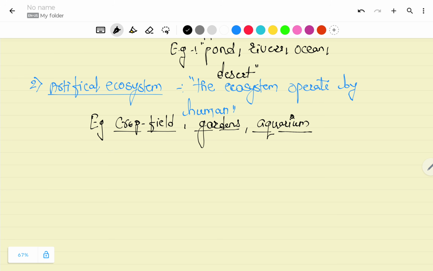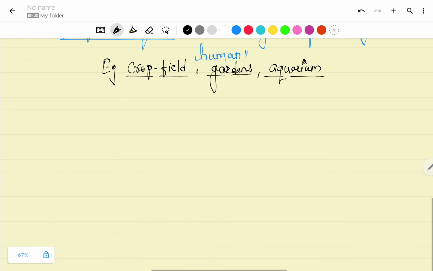Now, on the basis of duration, the ecosystem is again classified into two types. The first type is the temporary ecosystem.